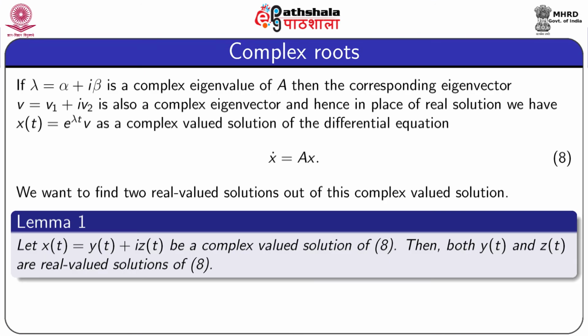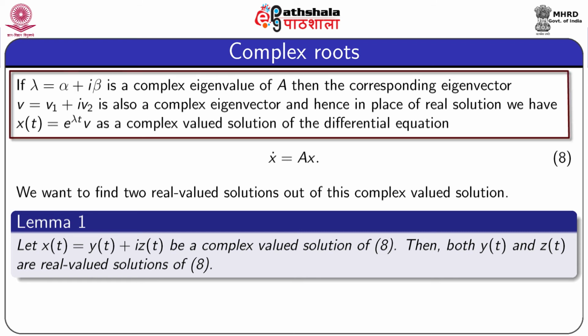So, let lambda equal to alpha plus i beta, where alpha and beta are real, be a complex eigenvalue of the matrix A, and let the corresponding eigenvector be V equal to V1 plus i V2.